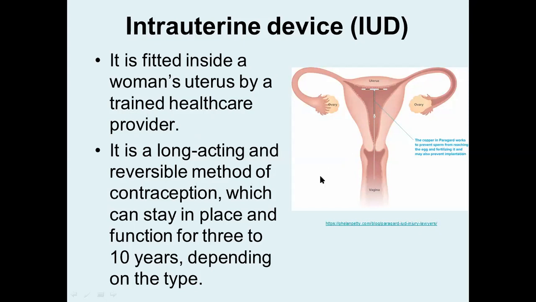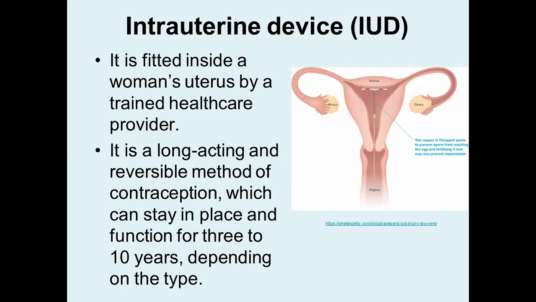Okay, so the IUD is a long-acting, in other words, it can stay there depending on the kind of IUD until it is removed. And it works, in general, until it is removed. So some of the IUDs can stay in position for 10 years and not have to be removed and replaced.